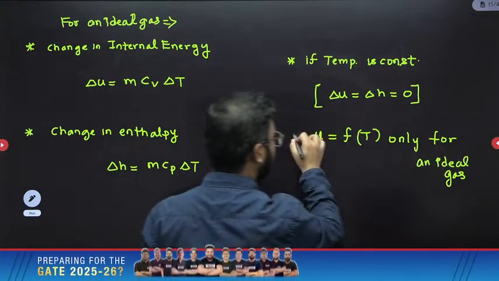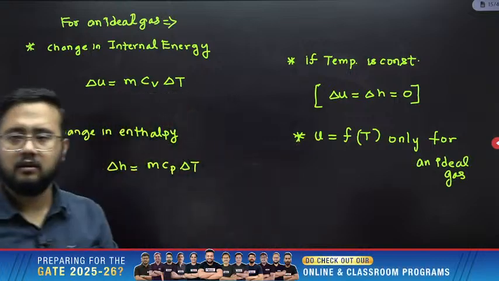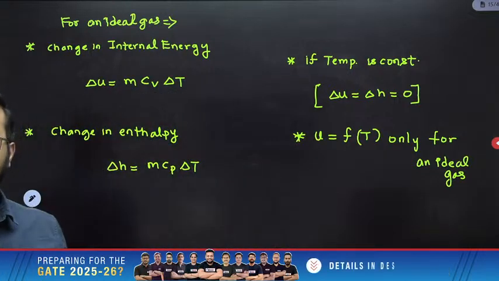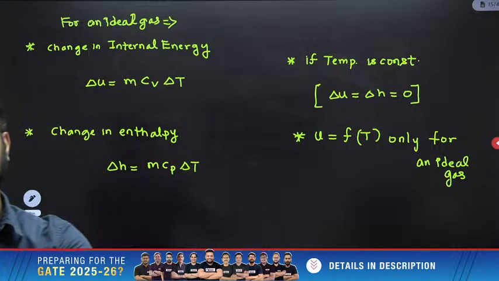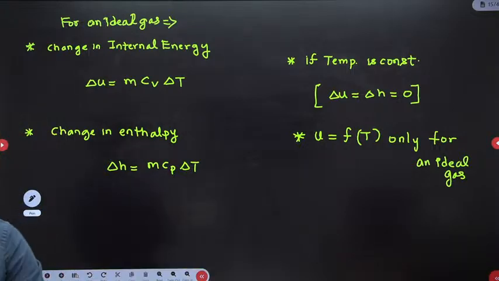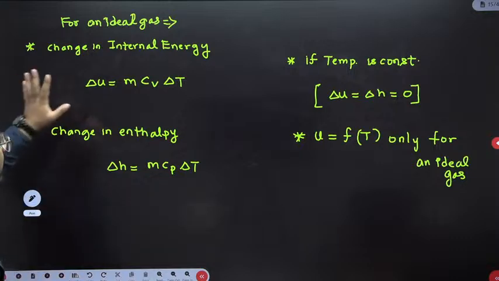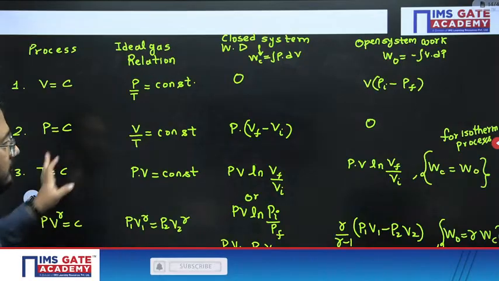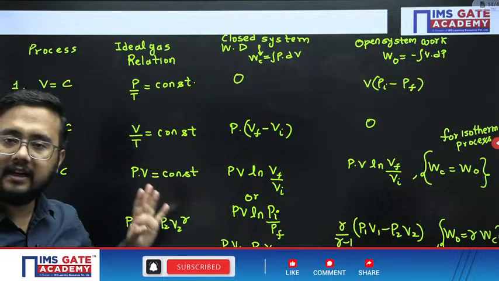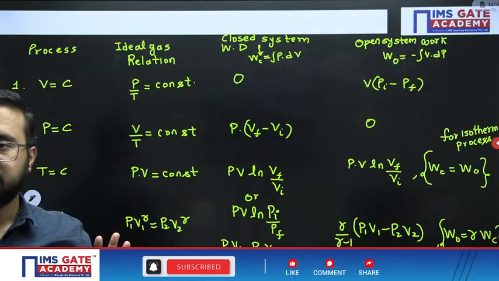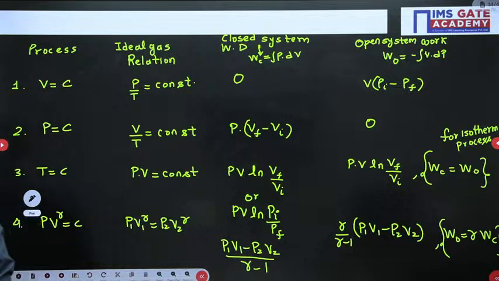This is a very important part. Is it clear, everyone? These are the basic details that we need to understand. So for an ideal gas only, we have written these formulas. Clear? Any doubt you are having, please ask. These are very important.